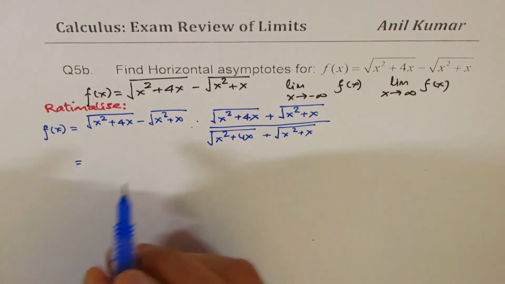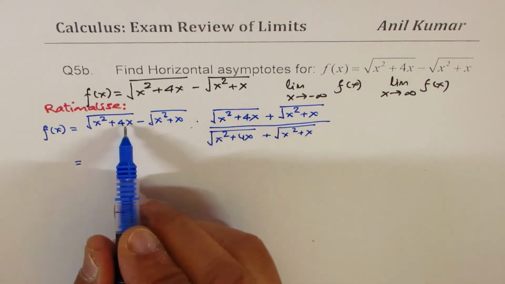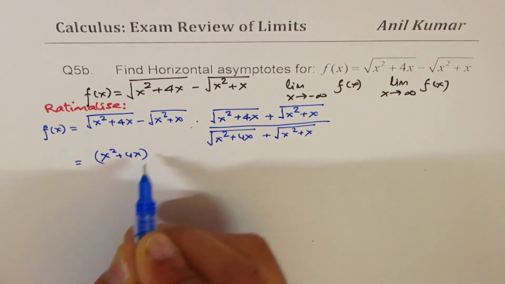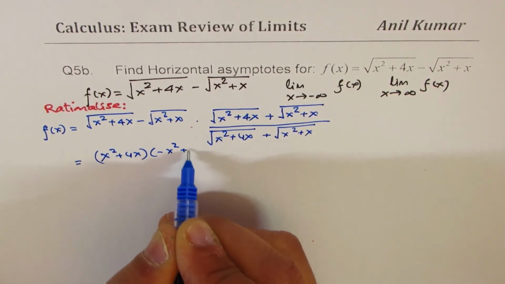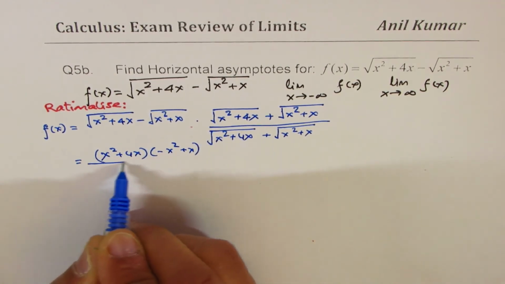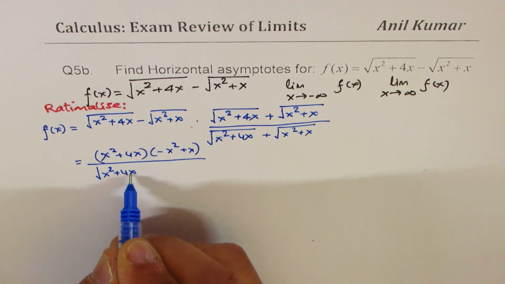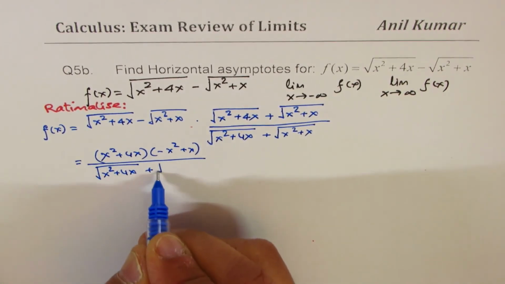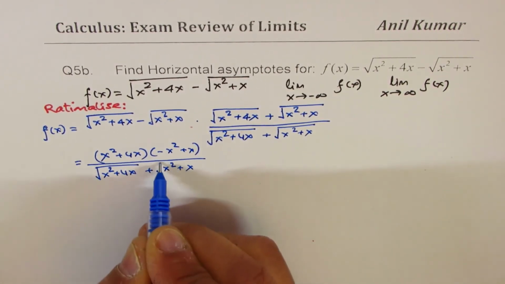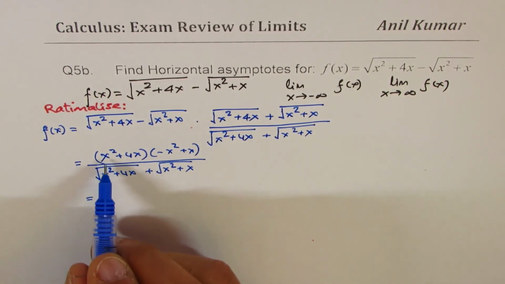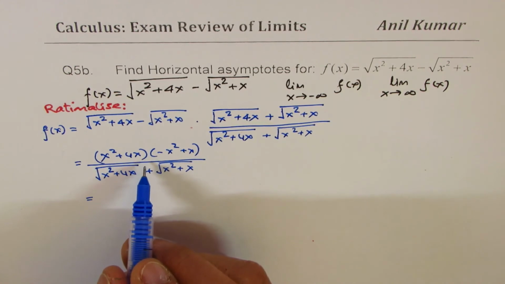The numerator is going to be a difference of squares. So we get x squared plus 4x minus x squared plus x. The denominator I'll just keep as such, which is square root of x squared plus 4x plus square root of x squared plus x. So you can simplify the numerator. x squared minus x squared cancel.